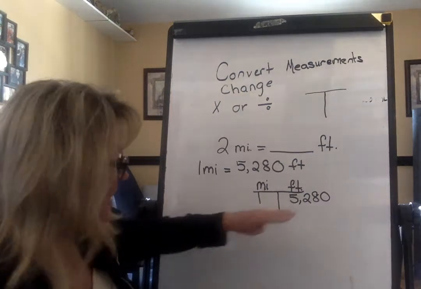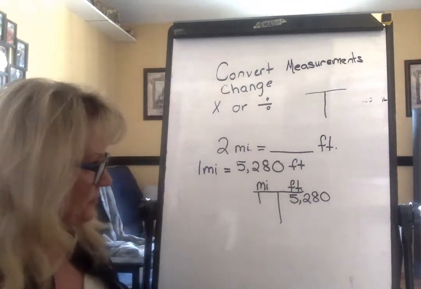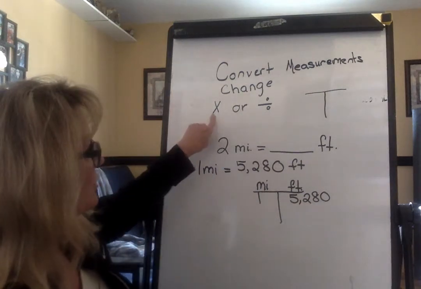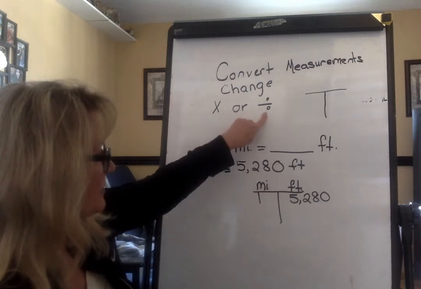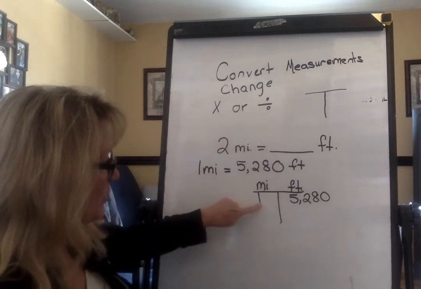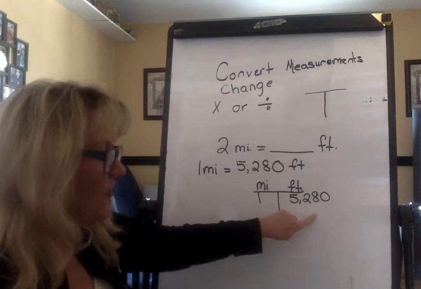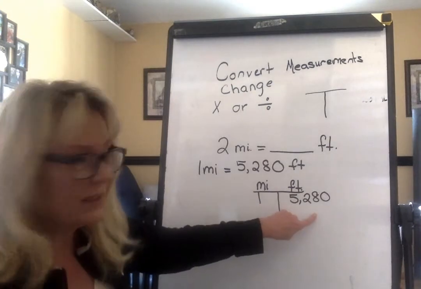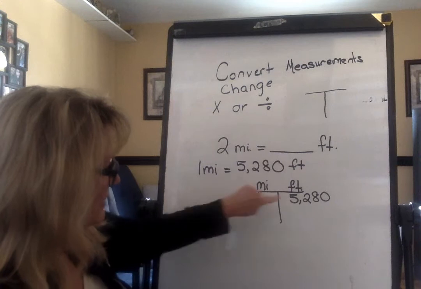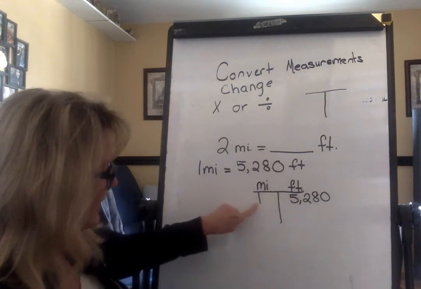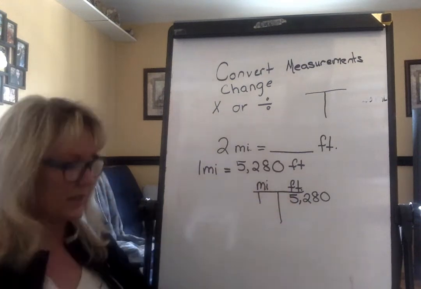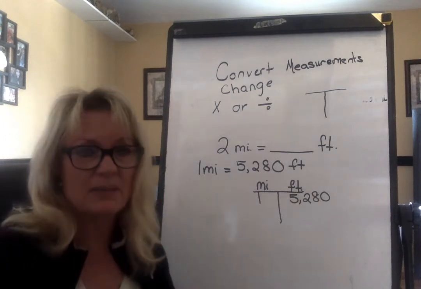Now, I've got to think, and I want you to think. Remember, we can either multiply or divide. I put in the 1 mile, and I got out 5,280. Did I multiply the 1 times something to get that, or did I divide the 1 to get something? Take a second and just think about that, okay?